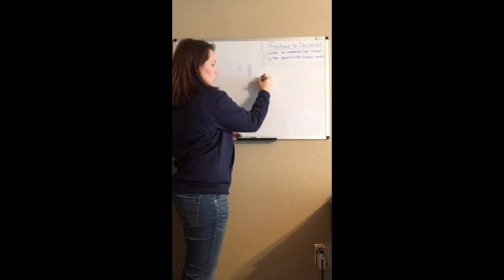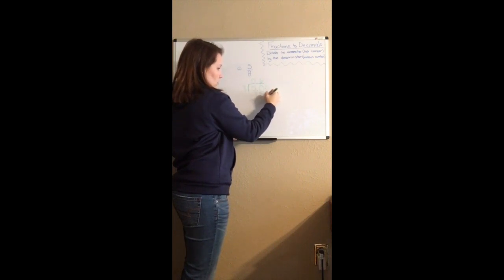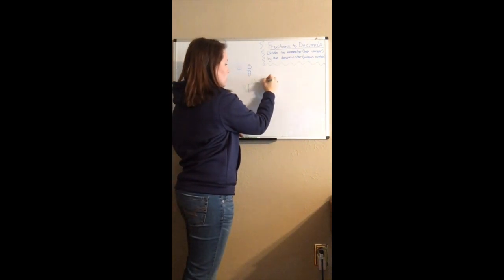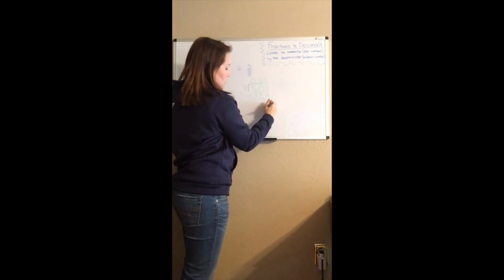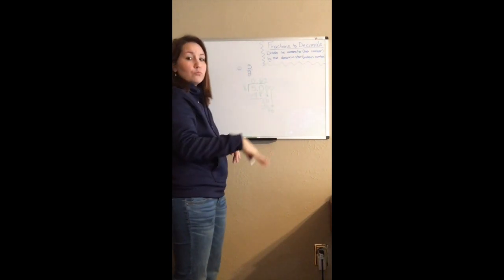8 goes into 50 6 times. Drop down a 0. 8 goes into 20 2 times. 8 times 2 is 16. Remainder 4. Keep doing this until there are no remainders.